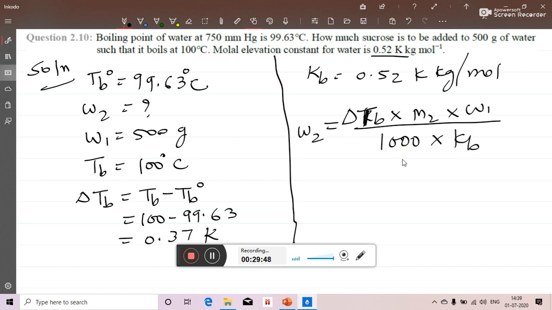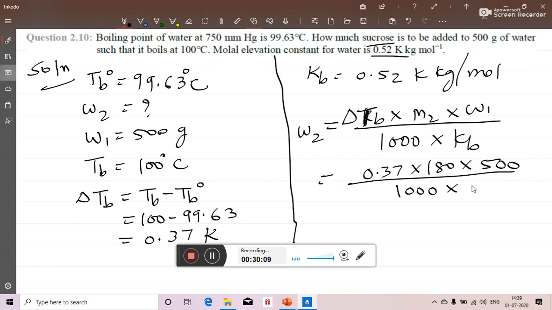So that is equal to, now delta TB is 0.37 into molar mass of solute. Now solute is sugar. Sugar's molar mass is 180, into mass of solvent in gram 500 upon 1000 into Kb, that is 0.52.